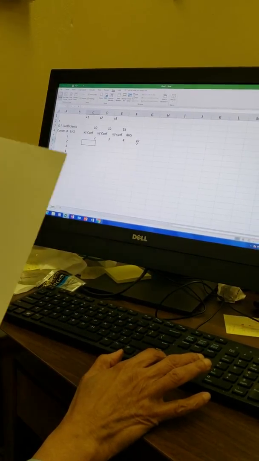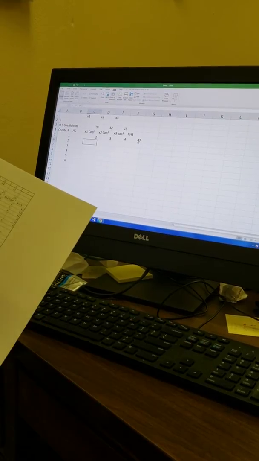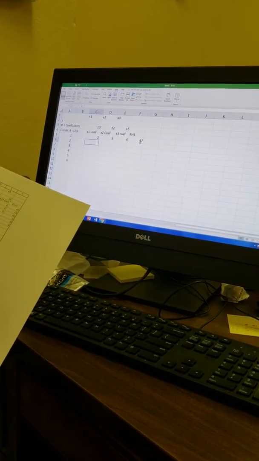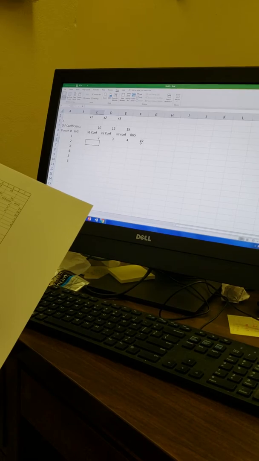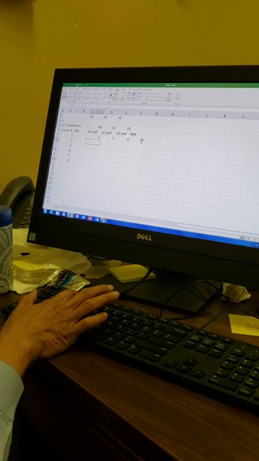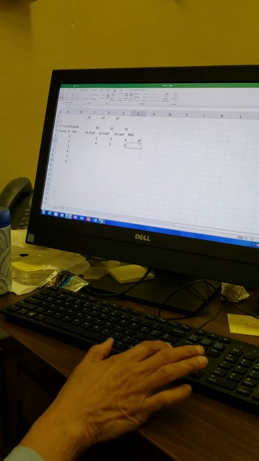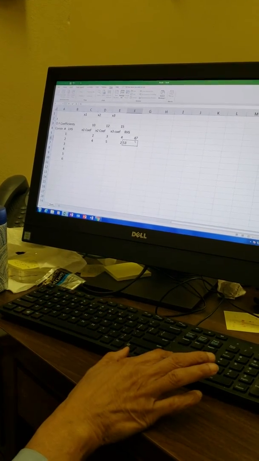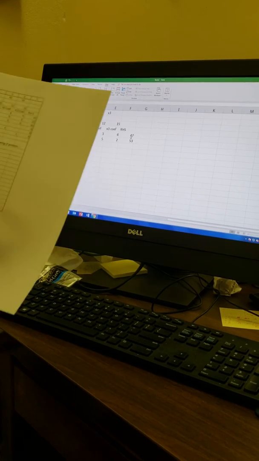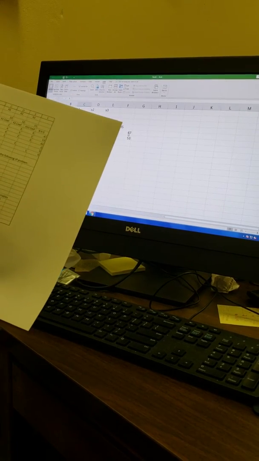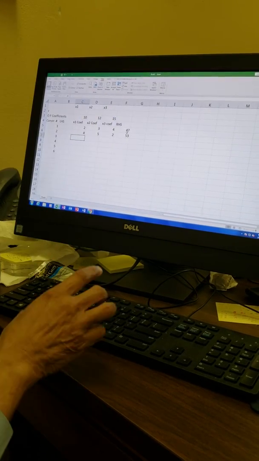Do the same thing for the rest of the constraints. The second one has 4x1, 5x2, 2x3, 53. Next, constraint number 3: 4, 2, 6, 62.